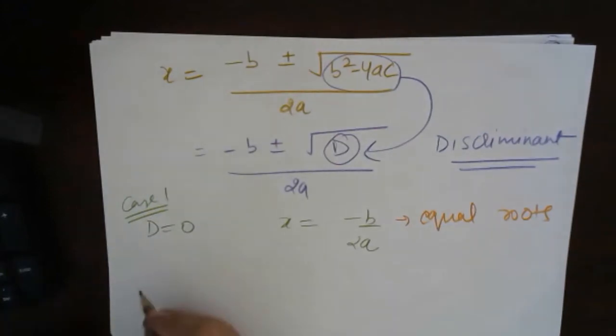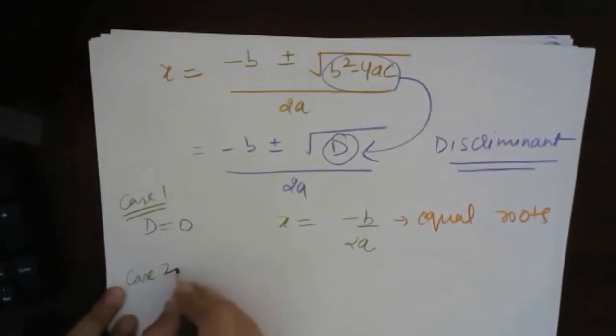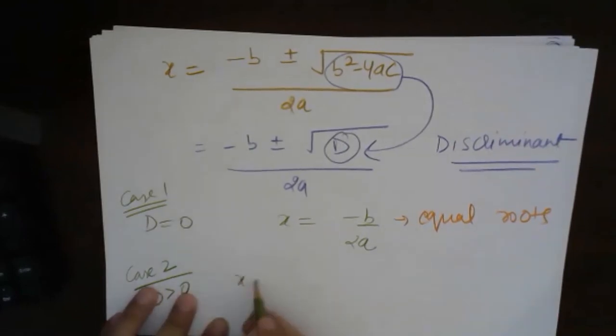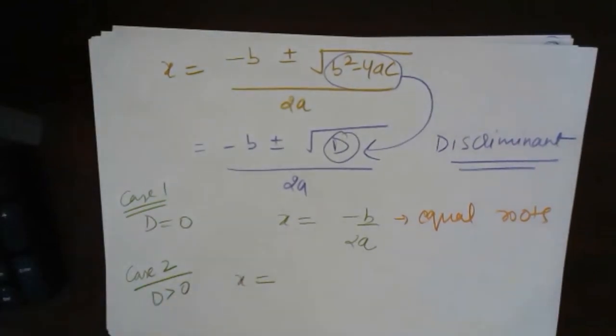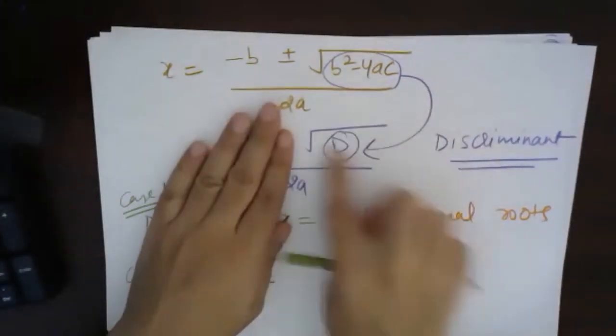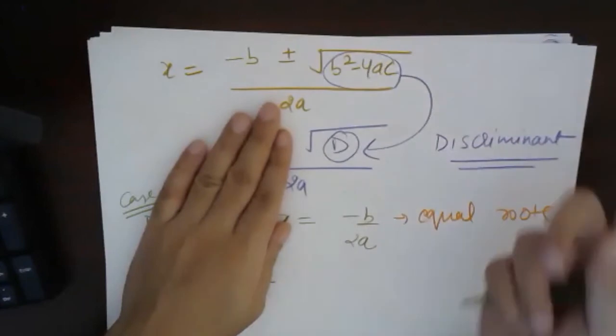Now take case 2, when d is greater than 0. Let's see what is happening. So what will you get? x is equal to, now when d is greater than 0, you will get some constant value here under root, suppose under root of 5 or something.